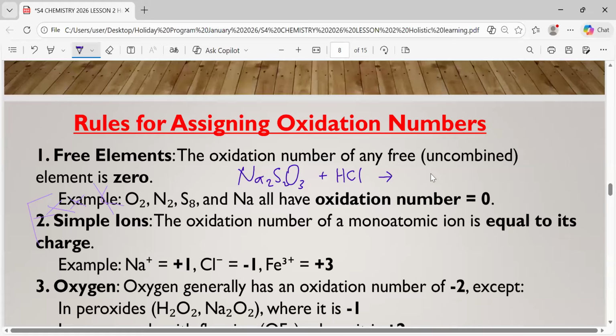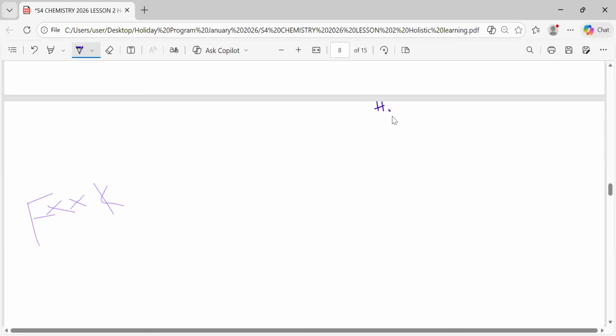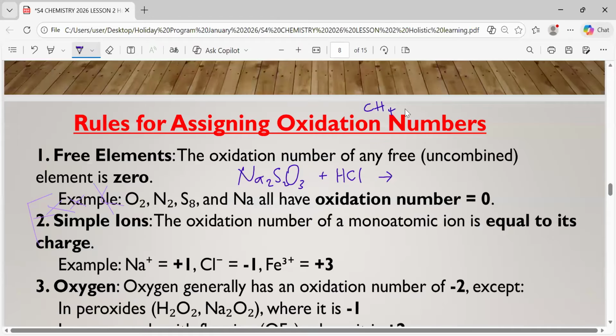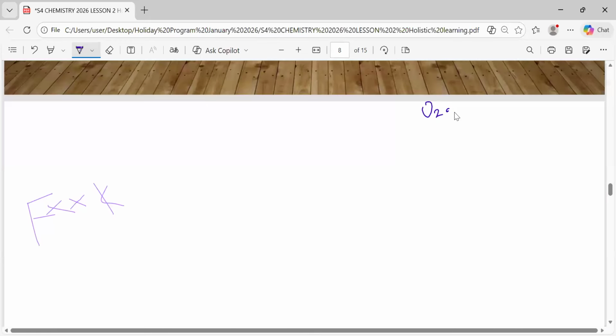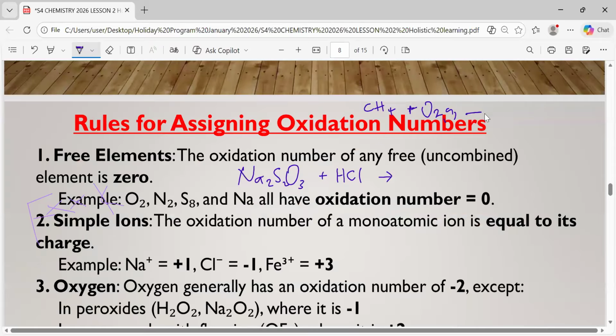Let's first look at the one I had given before, where you have methane. Are you able to see where I'm writing? Methane reacting with oxygen gas to produce carbon dioxide and water.